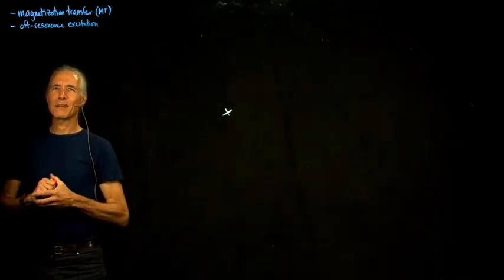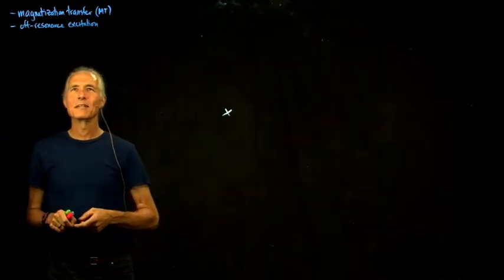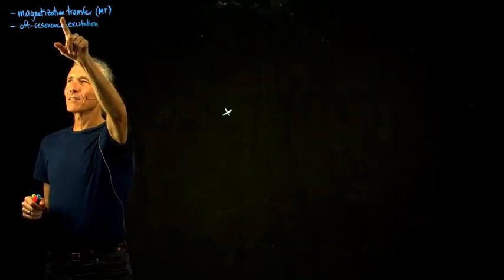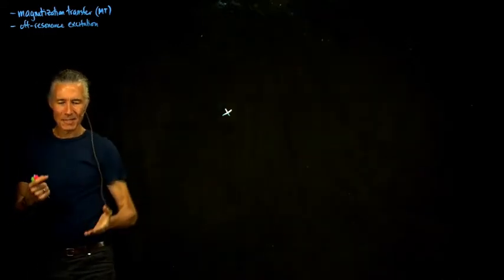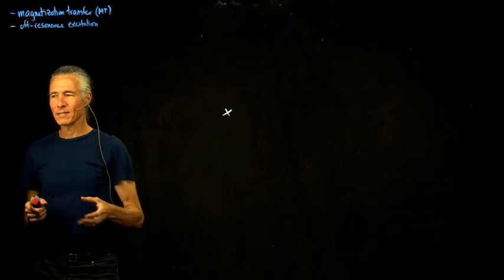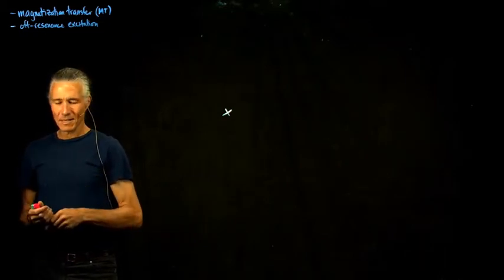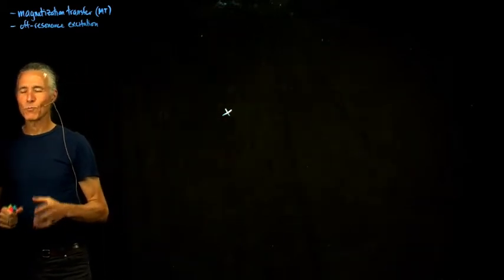So today we're doing two related things. There's magnetization transfer, which is a transfer between two different pools of protons, and you can actually make a magnetization transfer weighted scan.